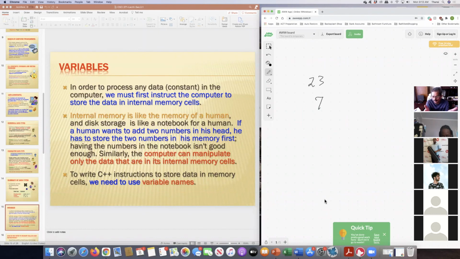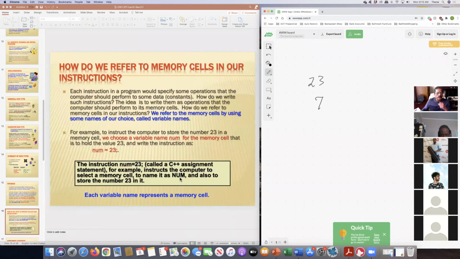You come up with any name, and then you use that name and say, put this 23 in that name, store the 7 in this name. Then it'll be an instruction to store them in the memory and give the memory cells those names. That's what these names are for. You make up some names, and these names are called variable names, and you assign the data to those names.